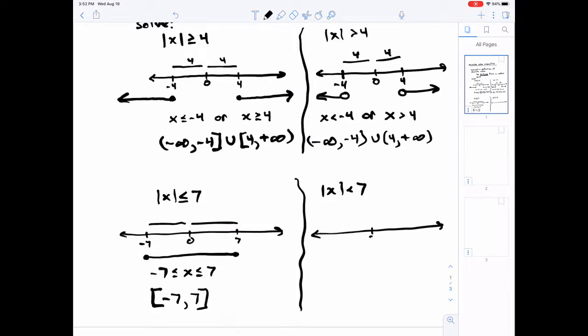So we'd have 0, we'd go out 7 on each side. That would get us to 7 and -7, but you just wouldn't include those because the distance is not equal to 7, it's just less than 7. And then everything would pretty much look the exact same, except you wouldn't have the equal signs.